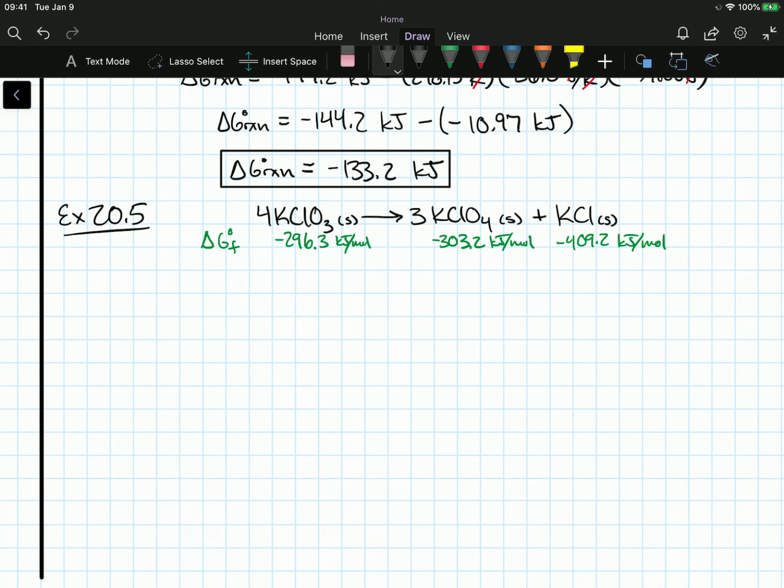So we're going to use the second formula up there, which is the change here is going to be the, let's just rewrite this one really quick. Standard energy change of Gibbs energy is going to be the sum of the molar coefficients times the standard Gibbs energy of formation for the products minus the sum times the molar coefficients of the standard Gibbs energy of formation of the reactants.